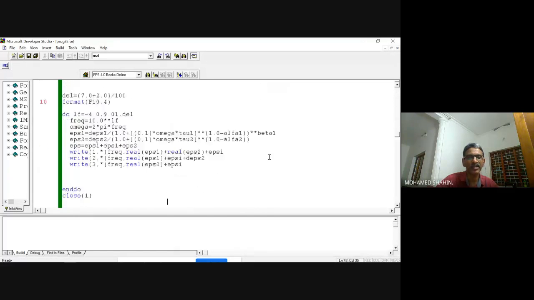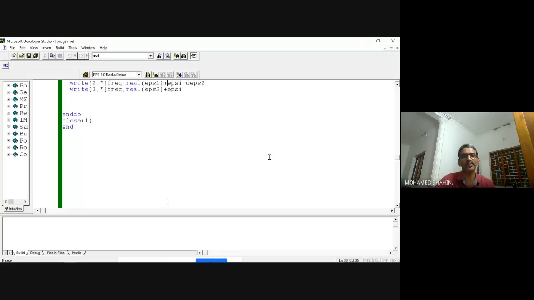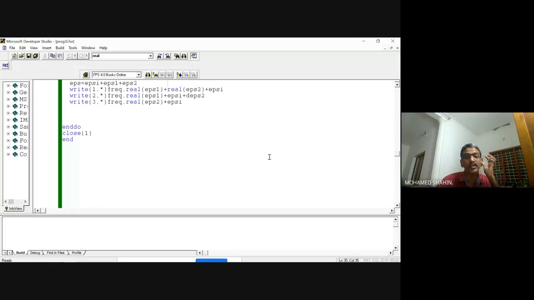Now the imaginary part, there is nothing like epsilon infinity. So first of all, we will write the imaginary part, IMAG, and imaginary part would always be negative. So epsilon 1 minus plus, both are negative, imag epsilon 2.